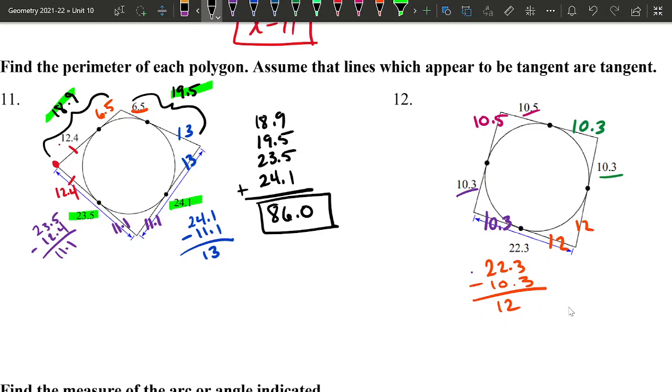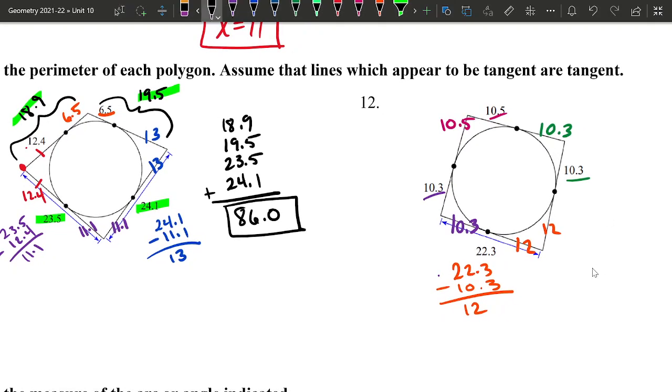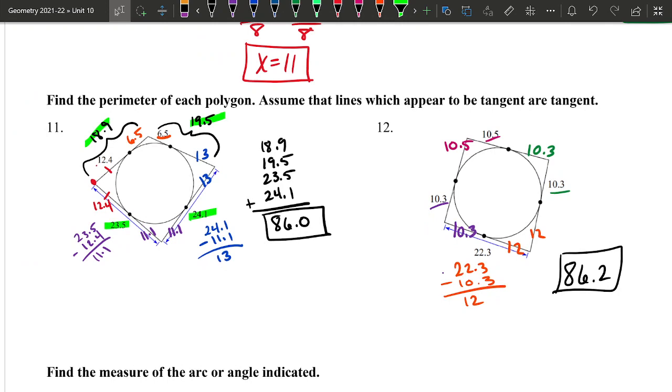So if I add them all up, then I get a total of 86.2. So when you're looking for the perimeter, you have a circle inside of a quadrilateral. The corners, each piece of the corner is congruent.